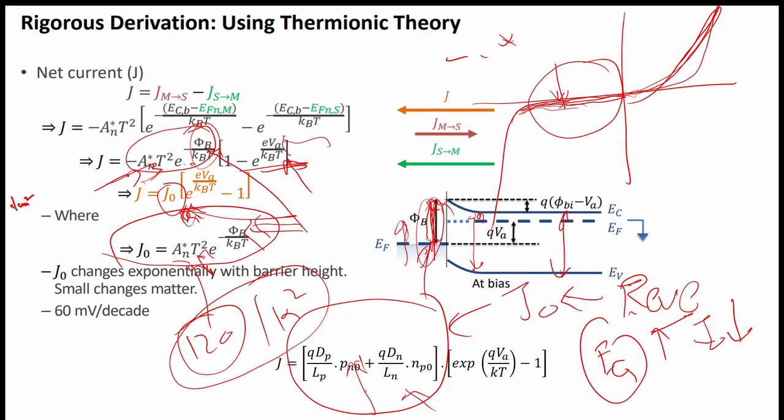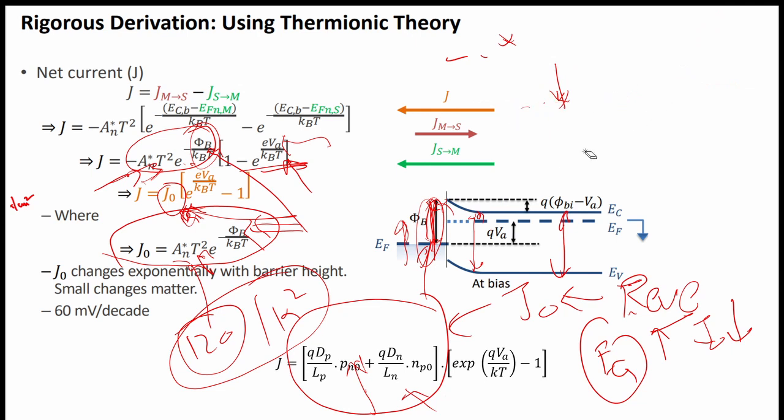So we need to see for what applications we are going to use this. It depends. This can work for applications where we are not too bothered about the leakage current. That's all for this Schottky barrier, the metal semiconductor junction.